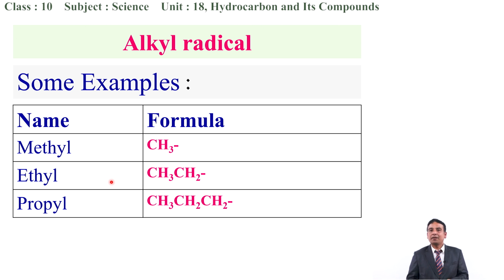So, how do we recognize the alkyl radicals? According to our discussions, it is all about the remaining product after the removal of one hydrogen atom from each alkane. That's all. If you know all about these things about the alkyl radical, it is enough for you for this grade.